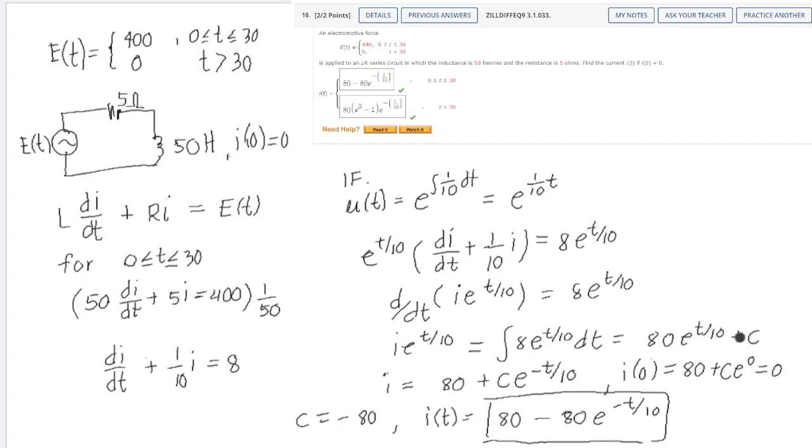If you are still struggling with integrating, then find formulas for the integrals.